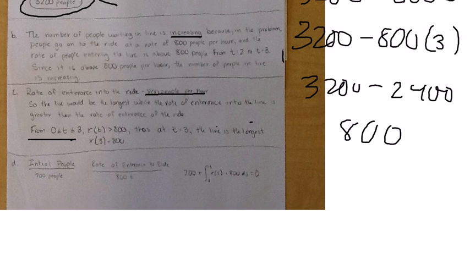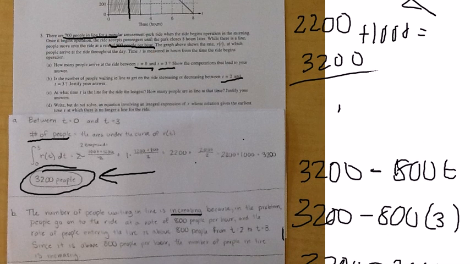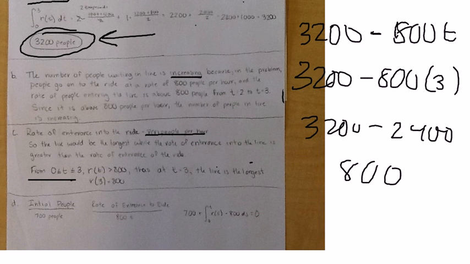Now for D, it's asking us to make an integral expression that gives us the earliest time in which there is no longer a line for the ride. So in the problem, we find out that there's 700 people initially in the line, and the rate of entrance to the ride is 800.